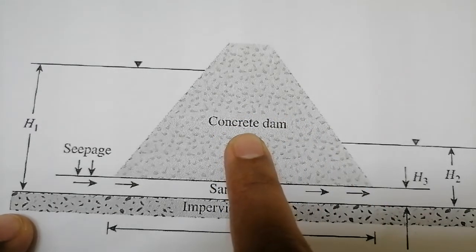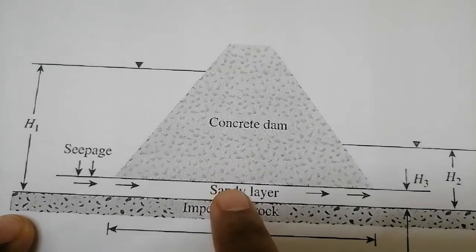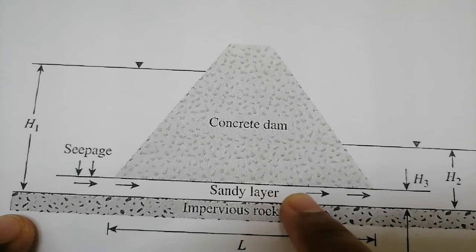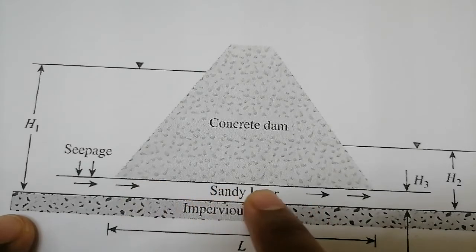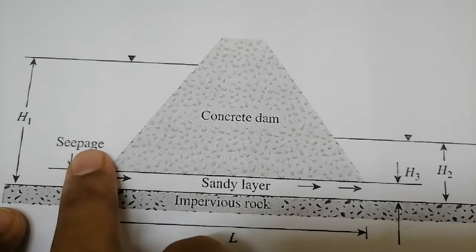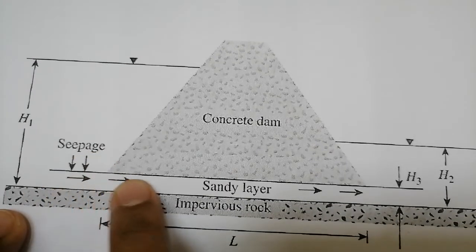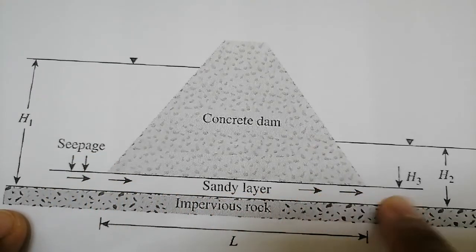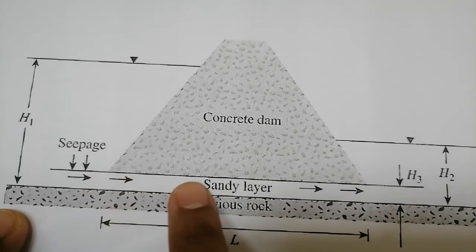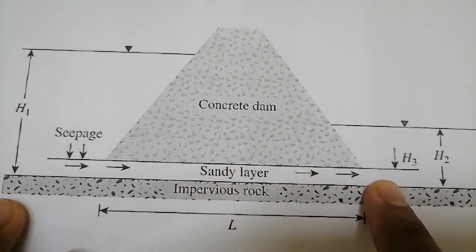So concrete dam is empangan concrete, and below the concrete dam we have sandy layer, satu lapisan pasir, and then seepage is occurring through this layer. Seepage berlaku melalui lapisan ini.